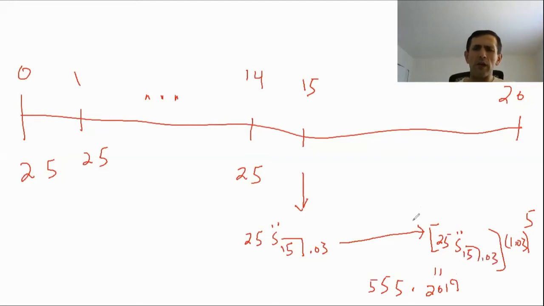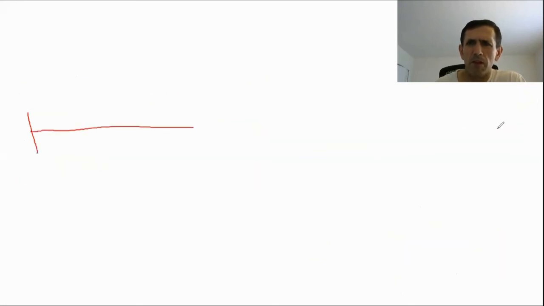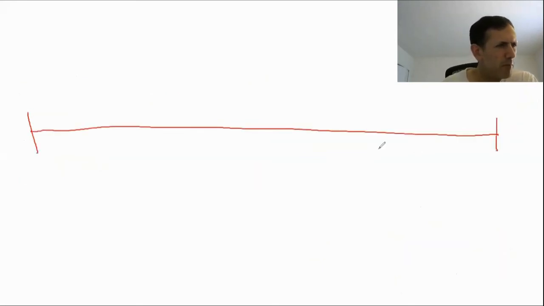Okay, so now let's do the X payments. The X payments occur when t equals 4 all the way up to t equals 9.